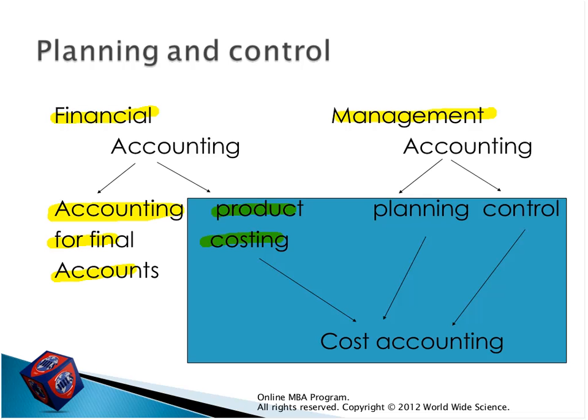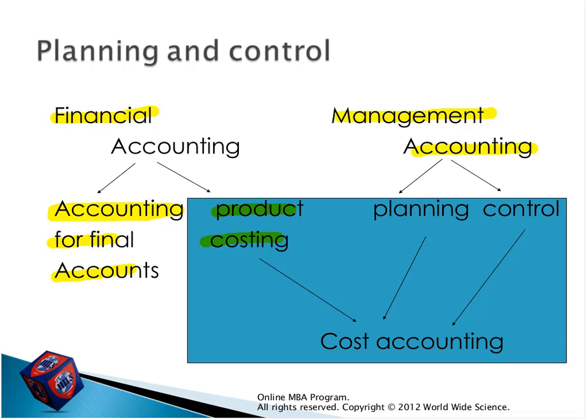Financial accounting is concerned with the numbers, figures, and expenses, when we buy something or acquire some assets and resources. But management accounting is all about planning and control: how we plan our financial management, and how we are going to control it.